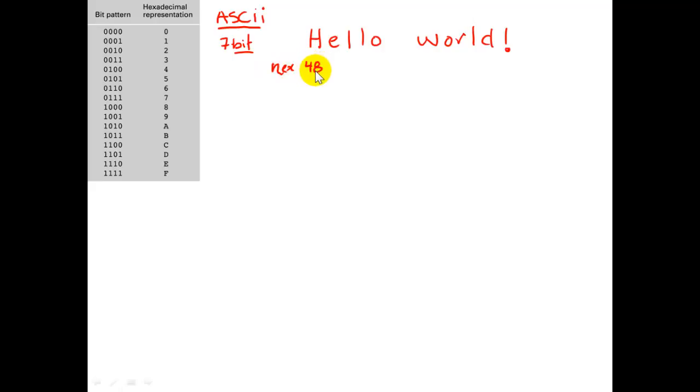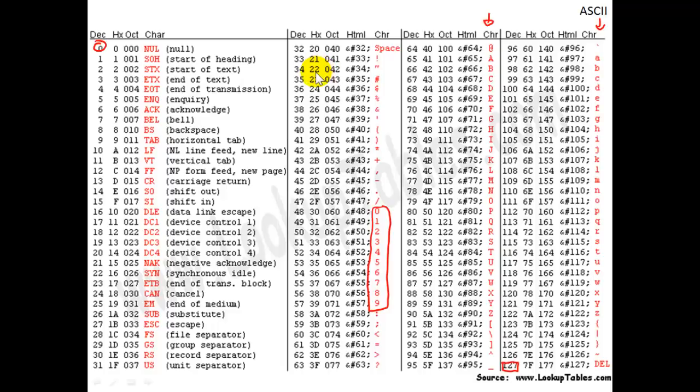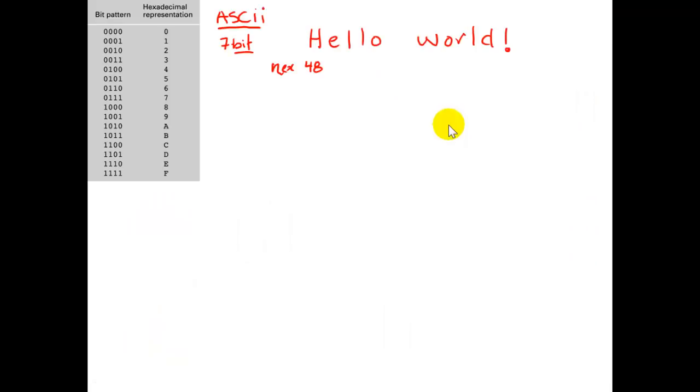And if you don't believe me, you can always go into your ASCII table and find that the hexadecimal value for H is indeed the hexadecimal value 48. Now we can play this game and actually map each of our characters in our string. So this one is 65, and an L is 6C. The other L is 6C. The O character is 6F.